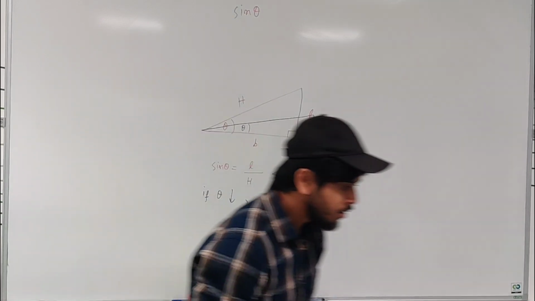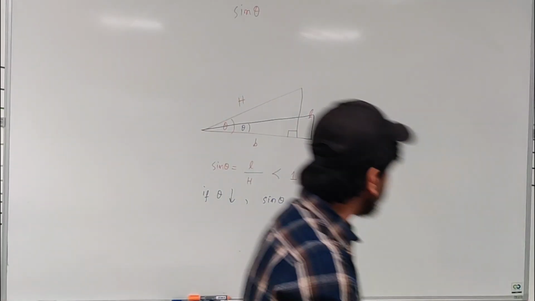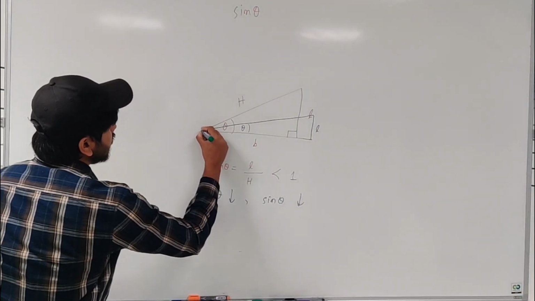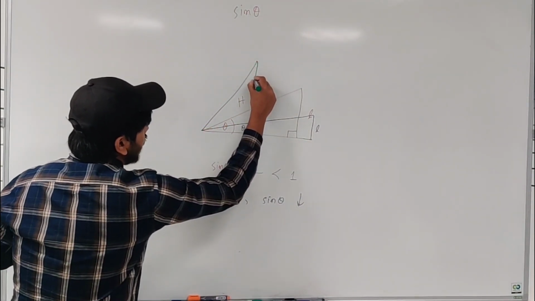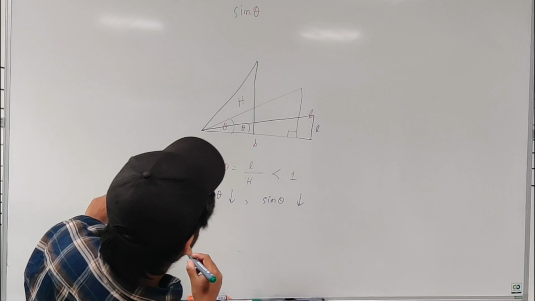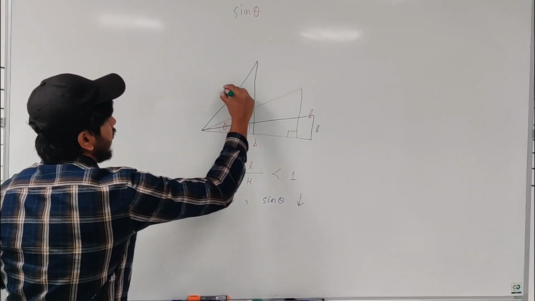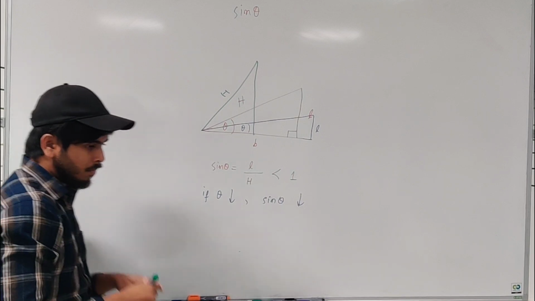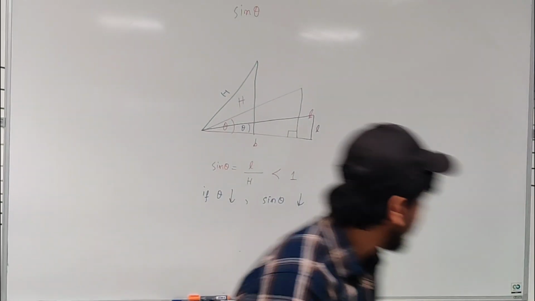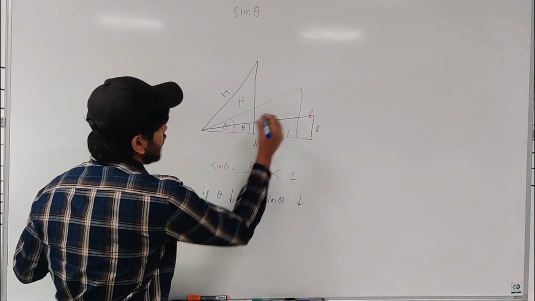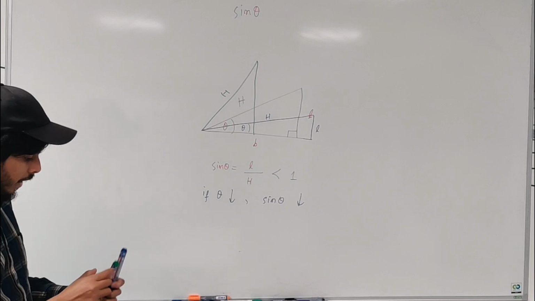Easy? Now let's do the opposite case, when theta is increasing. Let's say my theta has increased in a way, sorry about the drawing, that capital H is kept the same. In that case, how has L changed?